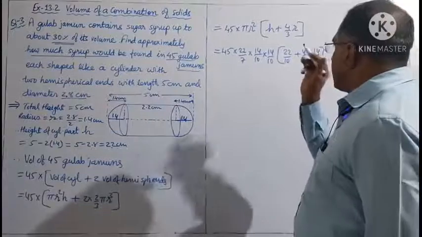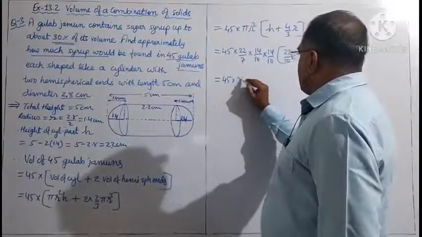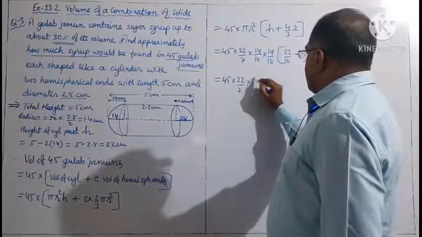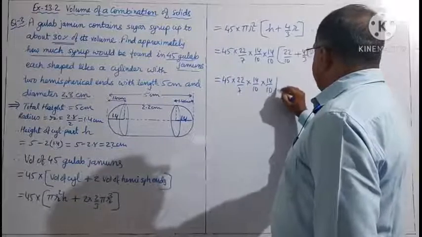In decimals also we can write, but I have converted into fractions: 45 multiplied by 22 by 7 multiplied by 14 by 10 multiplied by 14 by 10, in bracket.